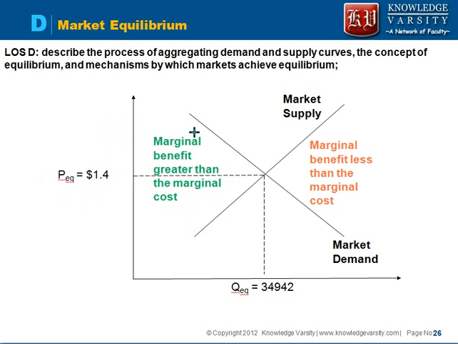If you see this area, we are saying that the benefit people are getting is more than the cost they are paying. The consumers are paying 1.4 and they are deriving a benefit which is more than 1.4.